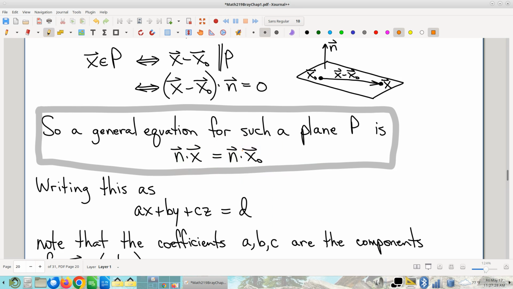I also like this one because it's easier to convert into the coordinate form. Keep in mind, n and x naught were both given, so I can just crank out that dot product. That's just some number.